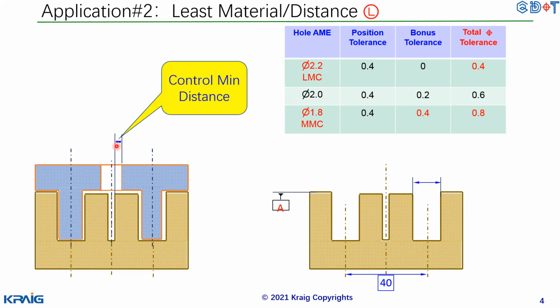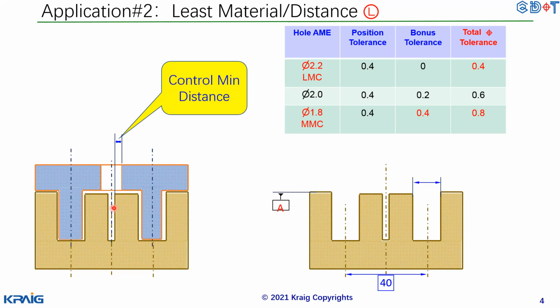In that situation, if the hole size is bigger, then the distance is worse, it's smaller. So if the hole size is bigger, the position shouldn't have any bonus, because the distance is worse. If the hole size is smaller, then there's more distance here.